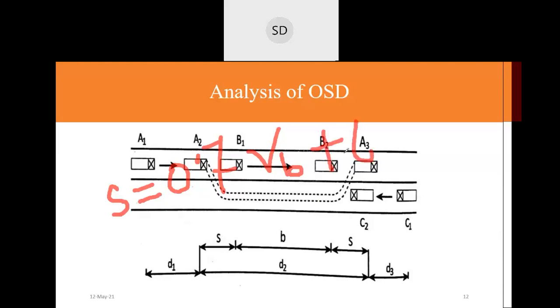So the value of S will depend on the speed of the overtaken vehicle. It is not constant, but changes depending on that speed. So D2 is nothing but B plus 2S.